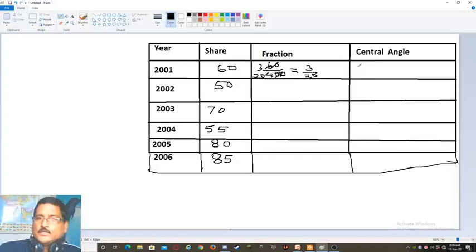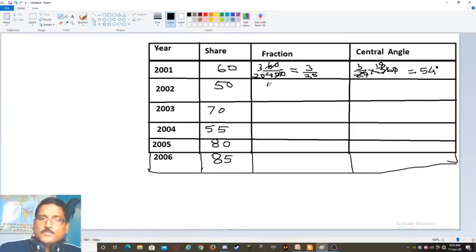Okay, now central angle: 3 by 20 multiplied by 360 degree. Are you getting it? Okay, zeros cut, 2 18, 18 3s are 54 degree.